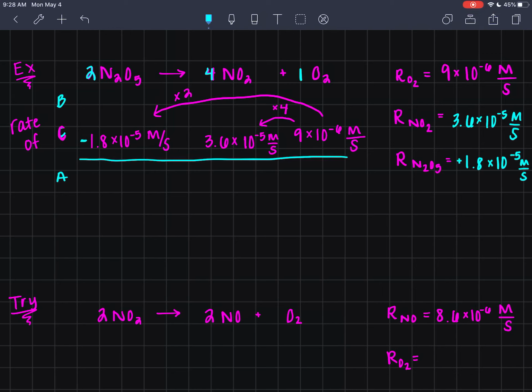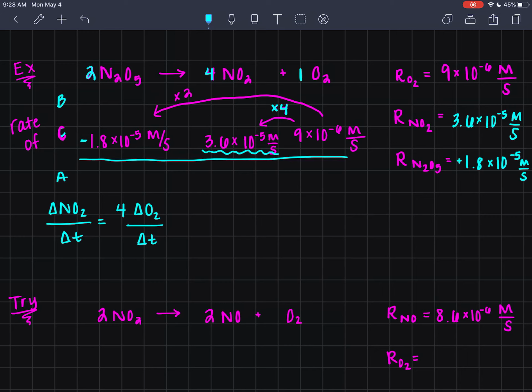So what I essentially did was I said that, hey, my change in nitrogen dioxide over my change in time, this is what my rate is right here. My change in nitrogen dioxide divided by my change in time is equal to 4 times my change in oxygen divided by my change in time, which is exactly what I did right here in my BCA table.